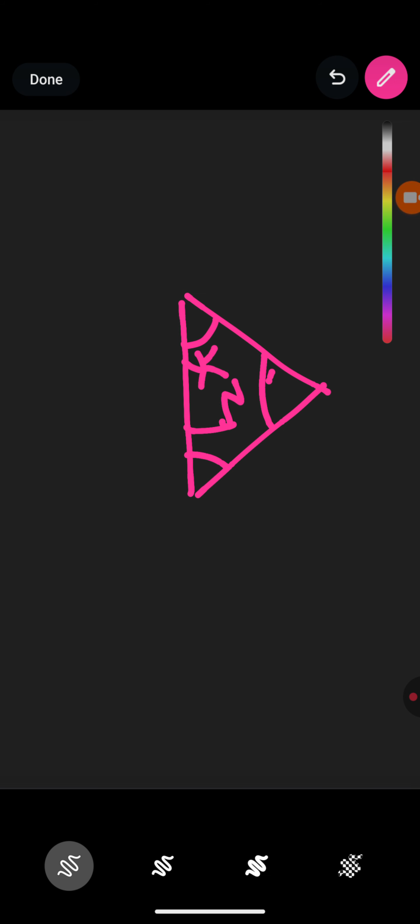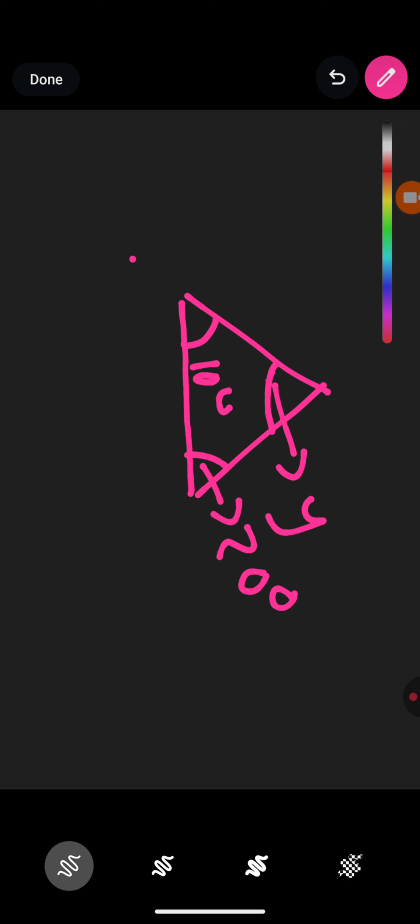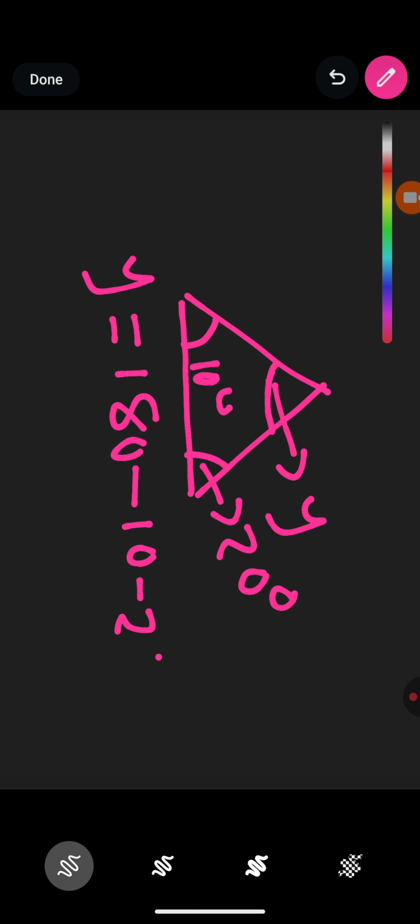In case you know x, for example, if they say x is 10 degrees and this one is 20 degrees, and they want you to find y, you just have to do y is equal to 180, you remove the 10, you remove the 20, what remains is y. So 180 minus 10 minus 20 is 150 degrees. Now if you look at 150 degrees, you ask yourself, can this be 150? No, it can't be 150.